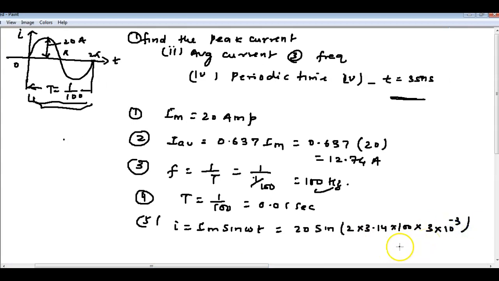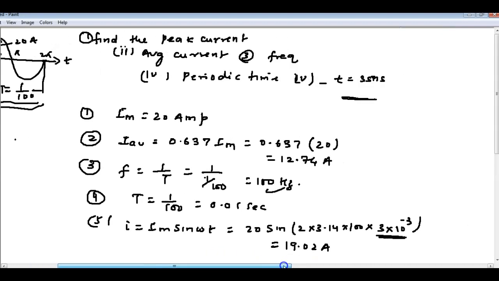If you calculate this, you will get 19.02 ampere. This is the instantaneous value of current after substituting t. Any doubt till here? We already did this in the last class.